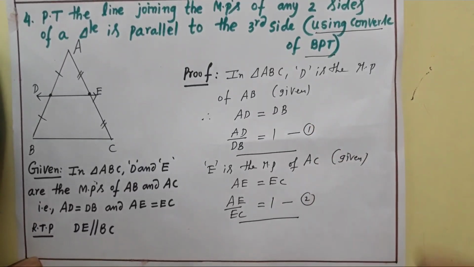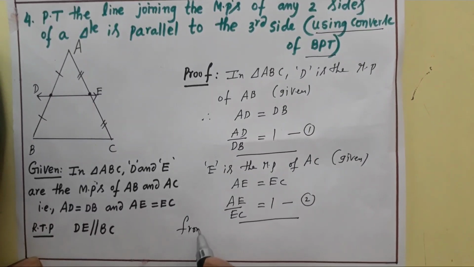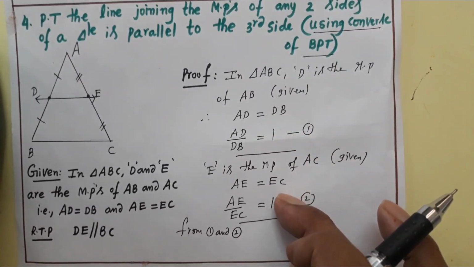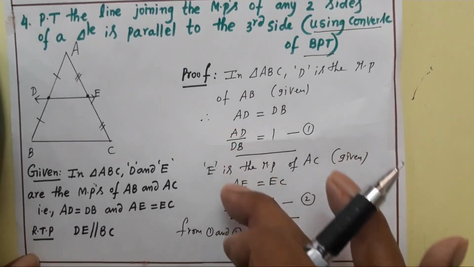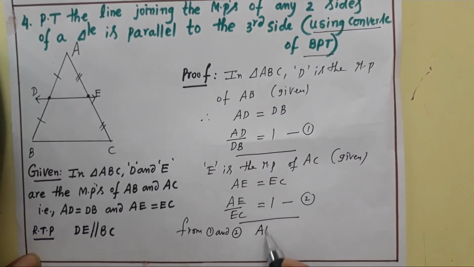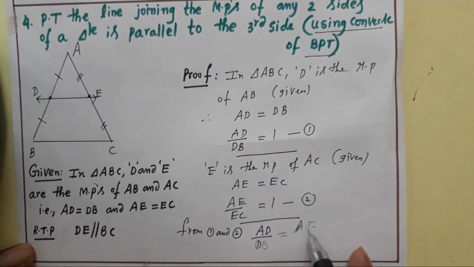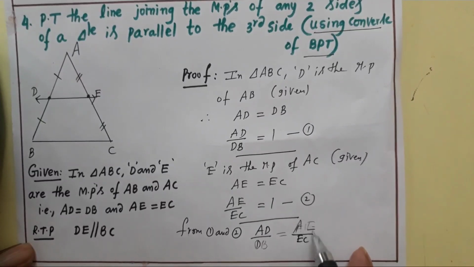Observe these two equations. From 1 and 2, you can write their right hand sides are equal, no? So automatically their left hand sides are equal. That means AD by DB is equal to AE by EC.